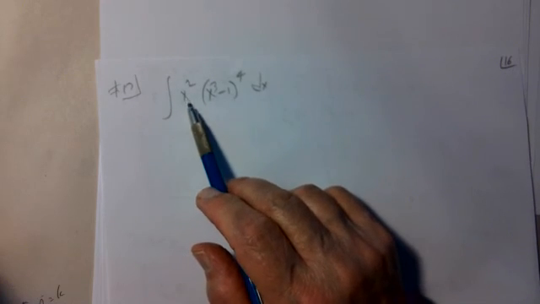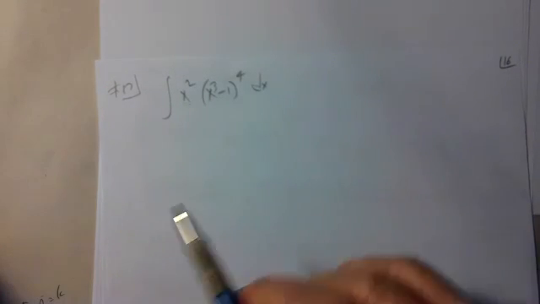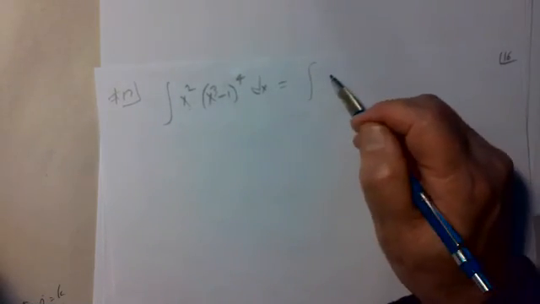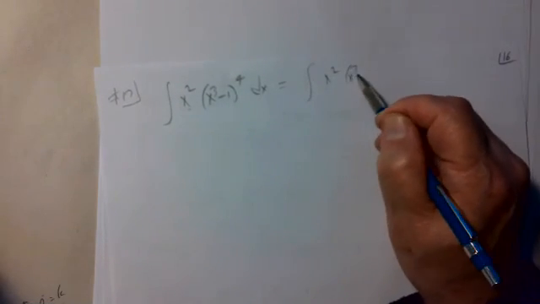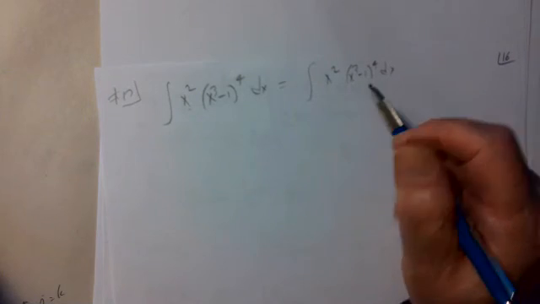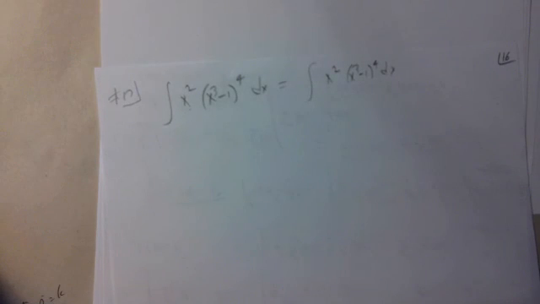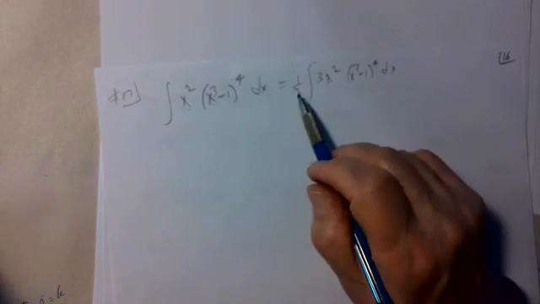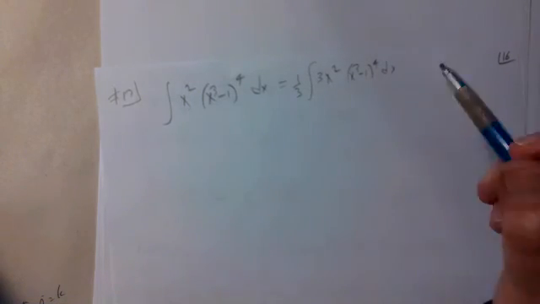But you don't have a 3x squared here, you just have 1x squared. But if you're just dealing with something that's off by a number, you can always multiply by 1, and you can write 1 as 1/3 times 3, because 1/3 times 3 is 1, so this is correct.